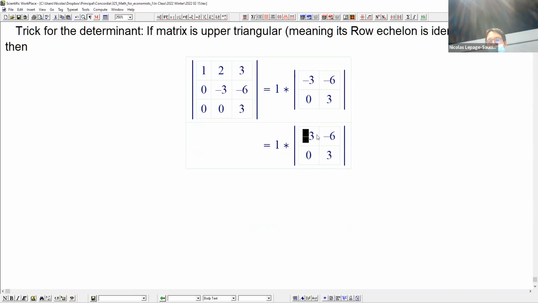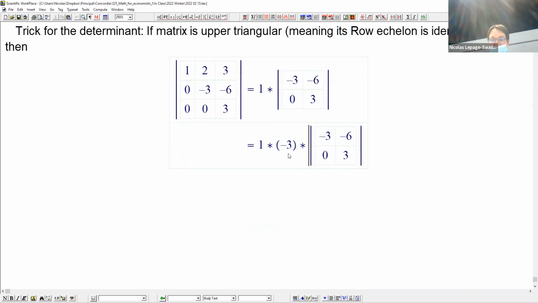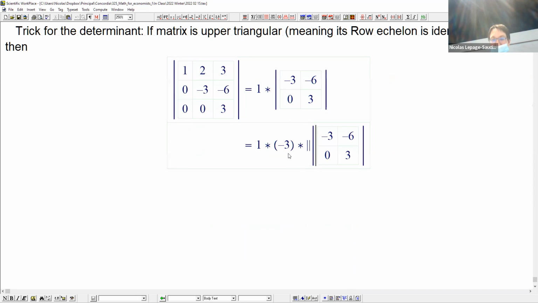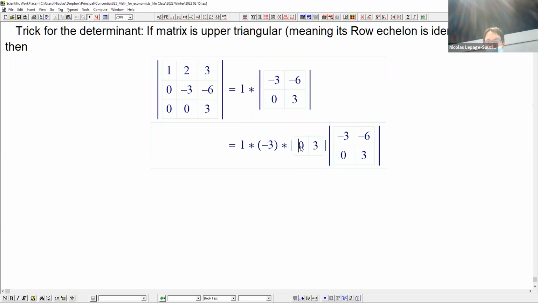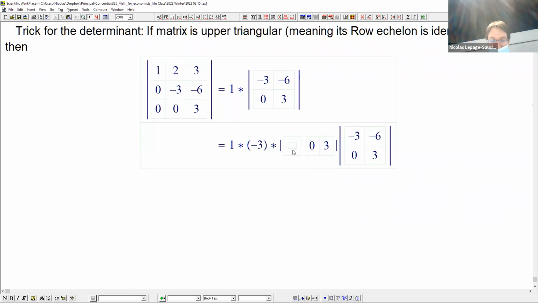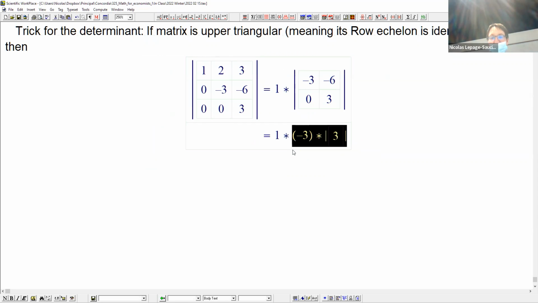Then it's just -3 times the determinant of this small matrix, which has a single element. So it would be minus 3 times 3, so minus 9.